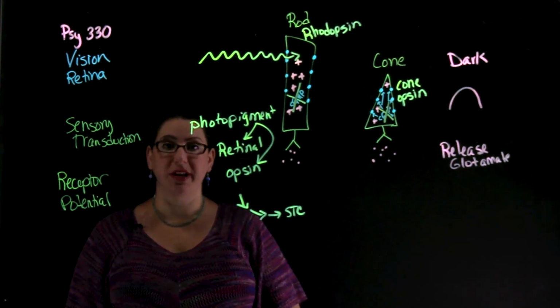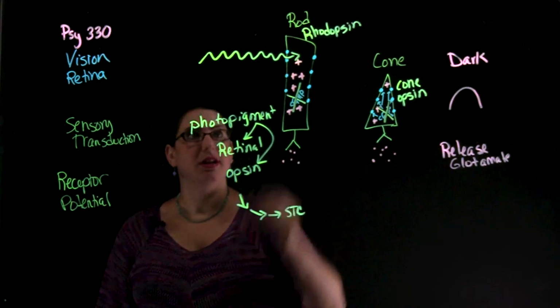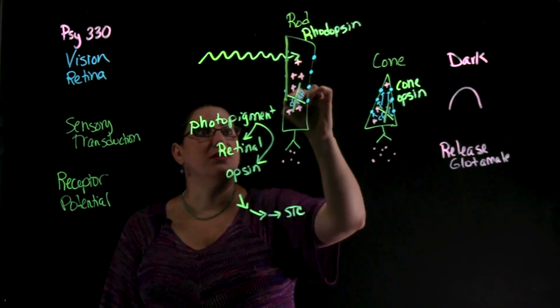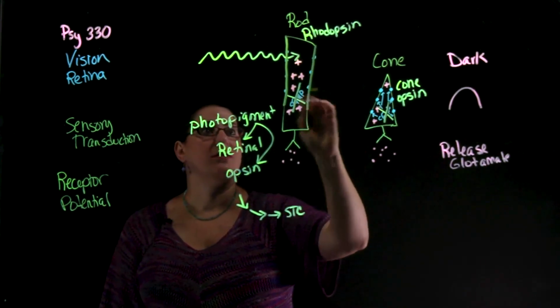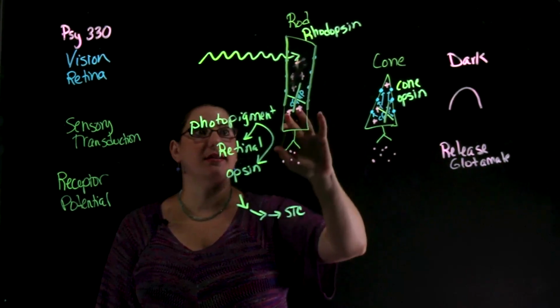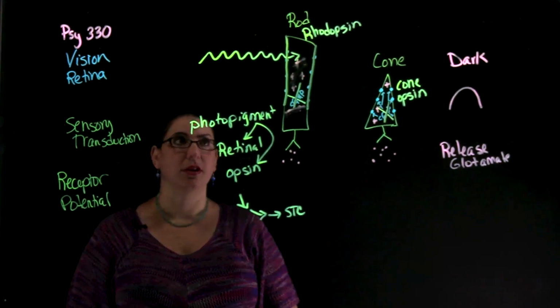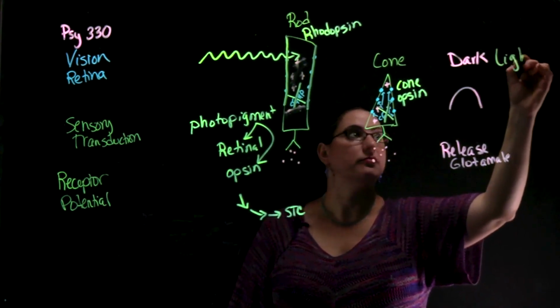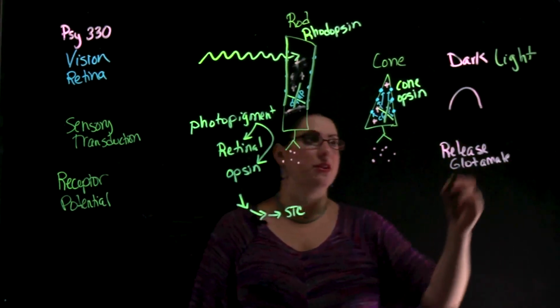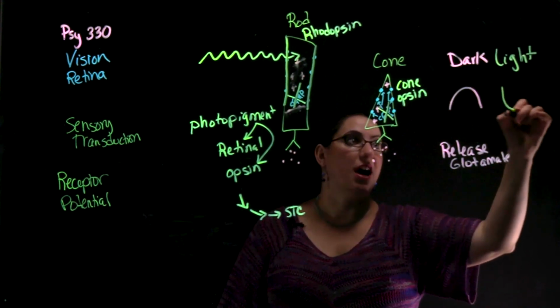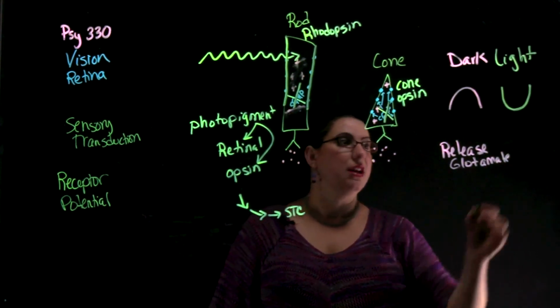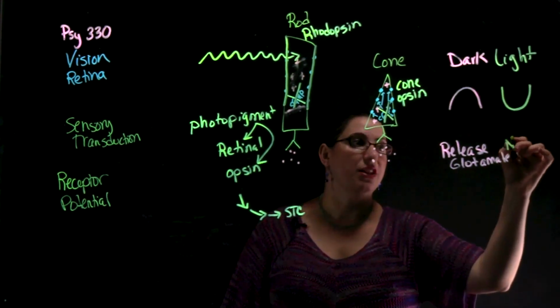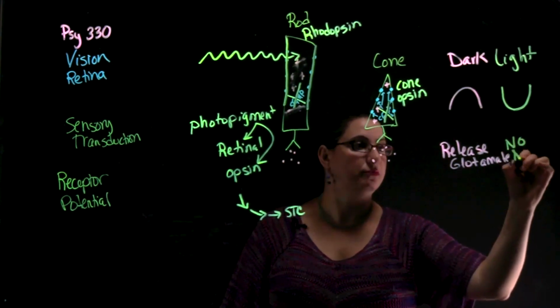Because cyclic GMP is no longer present, these cation channels will close, and we won't have cations entering the cell. What that means is that in the light, the photoreceptor will be in a relatively hyperpolarized state, and we won't have any neurotransmitter release, or very little.